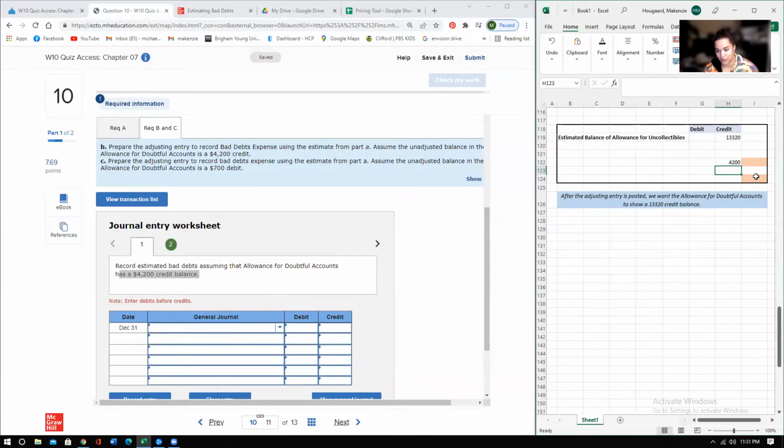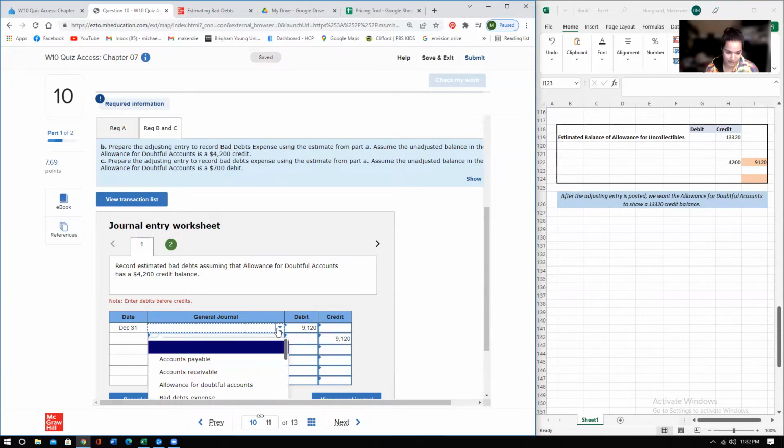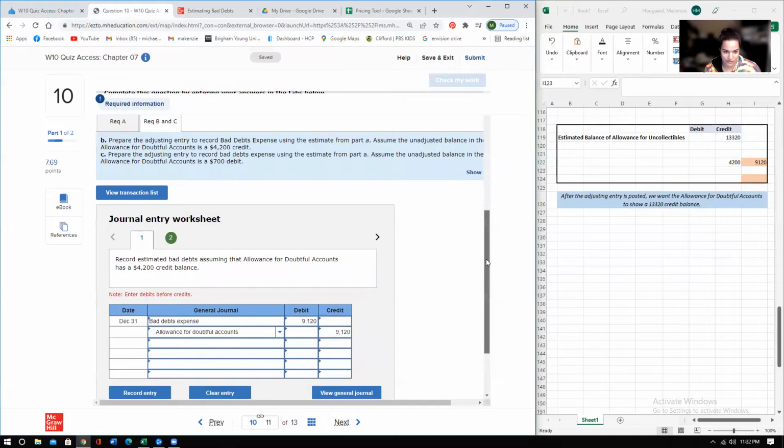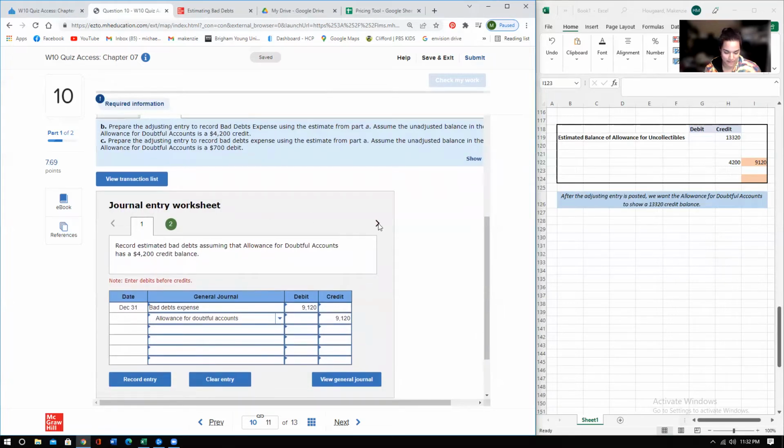We need to credit it more. So to figure out the amount that we need to credit it, we'll take this minus this, and you get 9,120. So then if you credit that on top of that, then you get that amount of credits. So we debit the bad debts expense and we credit the allowance for doubtful accounts. And that is how we do the adjusting entries for bad debts expense.